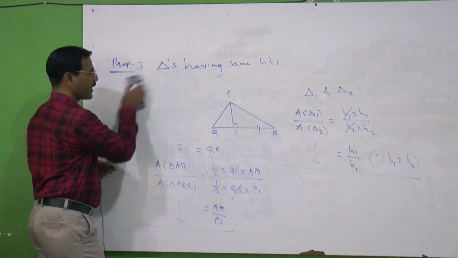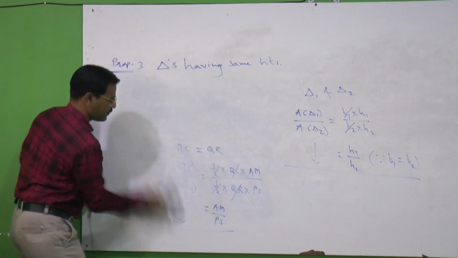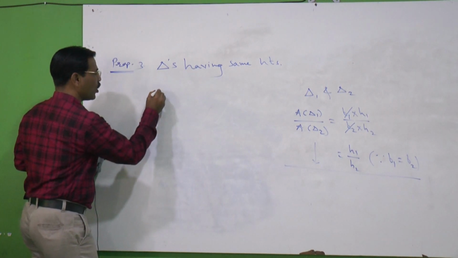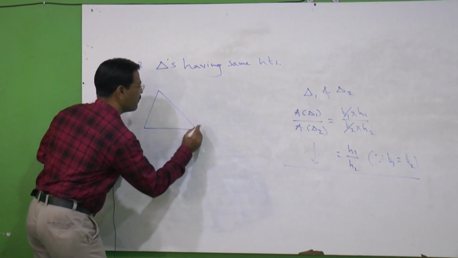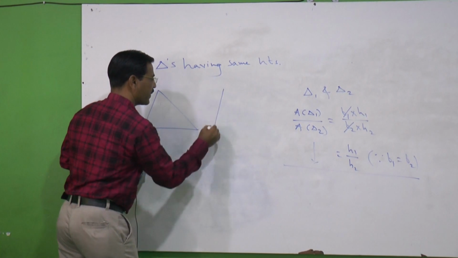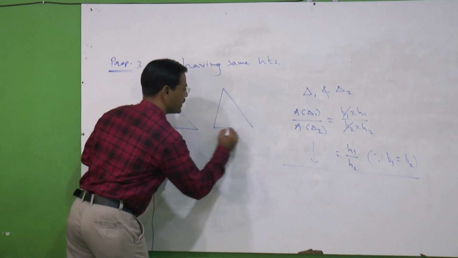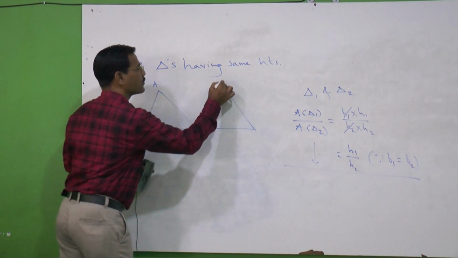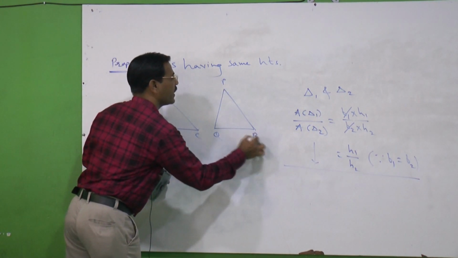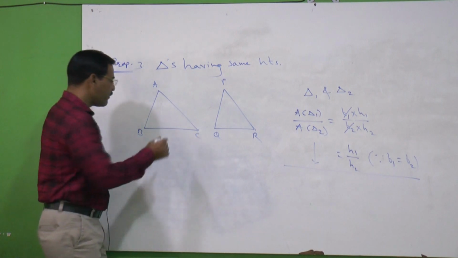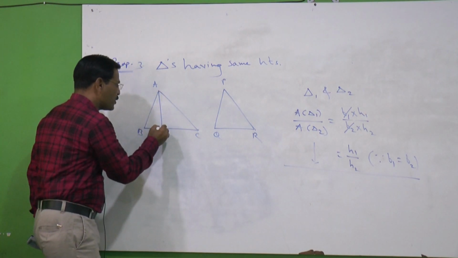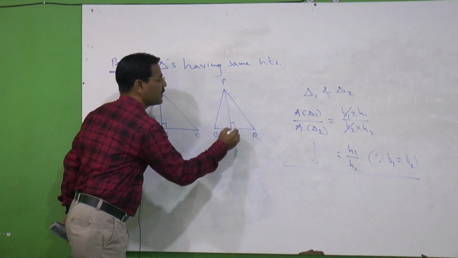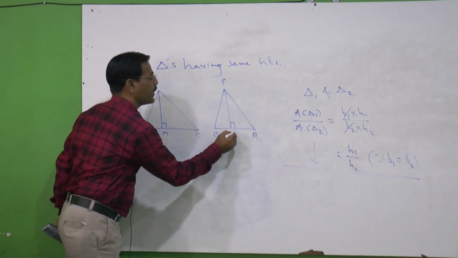Look here, I'll draw a different figure again. See here, I will draw the two triangles having the same heights but different bases. Again I'll write the same names, you can write different ones also: ABC, PQR. Here these are the two triangles in which AM is the height, and PS is the corresponding height of triangle PQR.